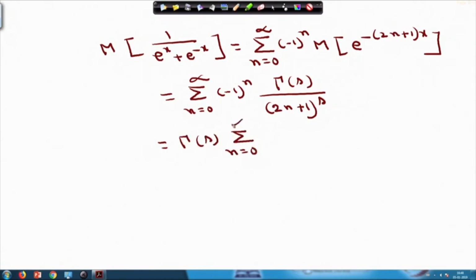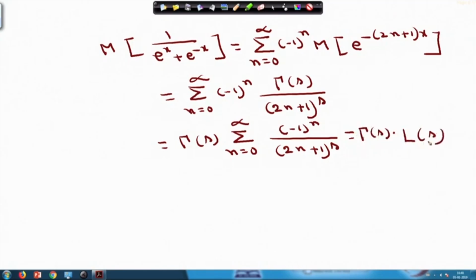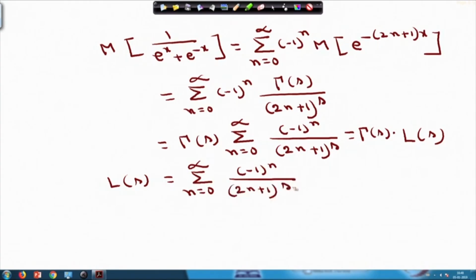Once I write this, gamma s I can always bring outside. So, this equals gamma s times summation n equals 0 to infinity minus 1 whole to the power n by twice n plus 1 whole to the power s. This equals gamma s into L s, where L s I can write as this series, summation n equals 0 to infinity minus 1 to the power n by twice n plus 1 whole to the power s.